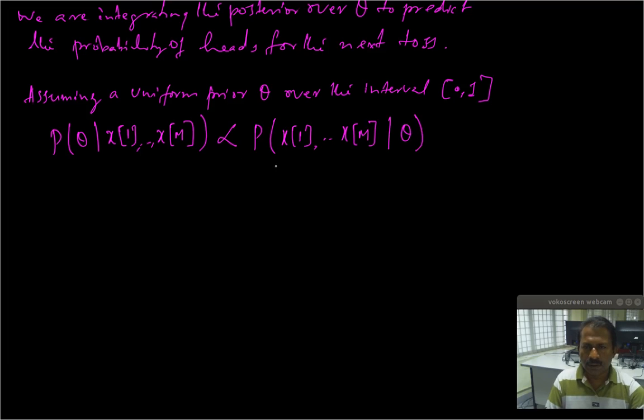We have already computed this as theta to the power of the number of heads multiplied by 1 minus theta to the power of the number of 0s.